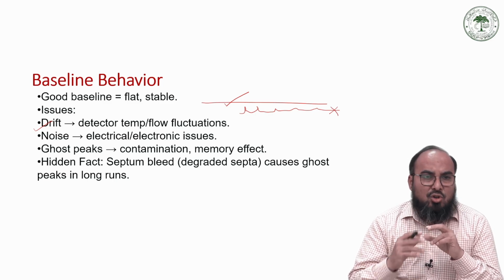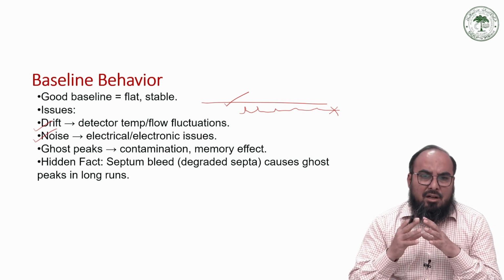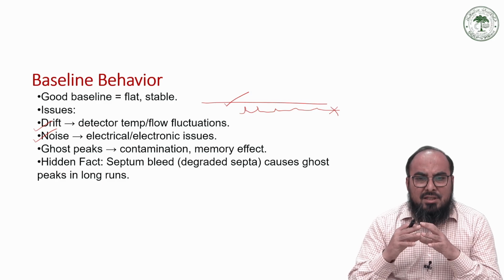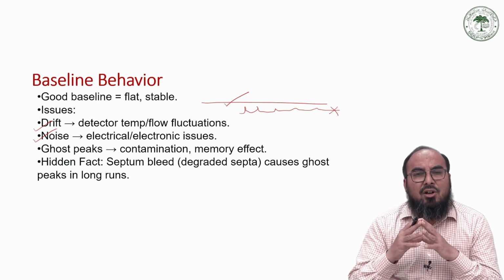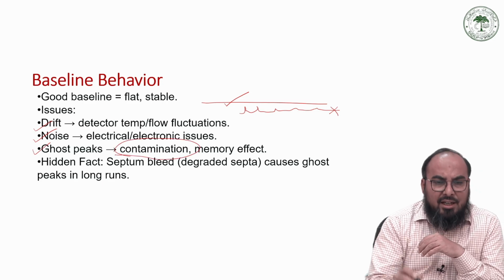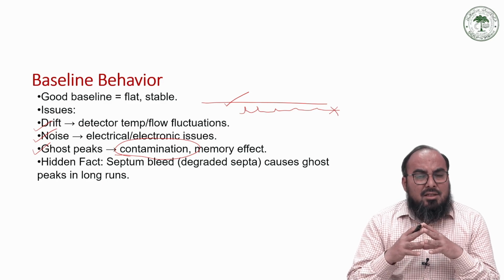Similarly, noise should be avoided. It may be electronic or electrical, any issue. Similarly, ghost peaks are there, and ghost peaks are because of contamination. The most important aspect of getting a ghost peak is contamination. Similarly, we have to check for the septum bleed.